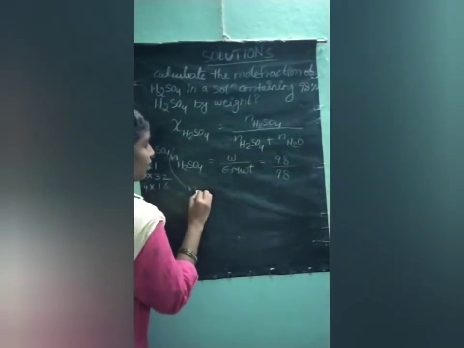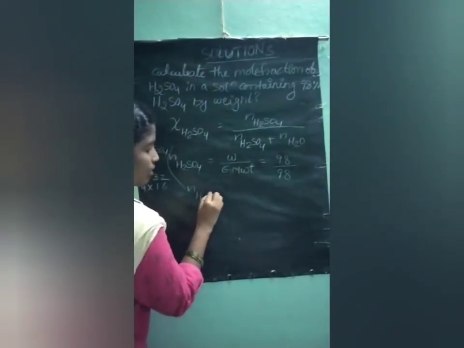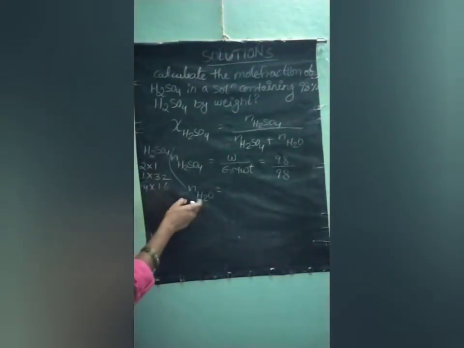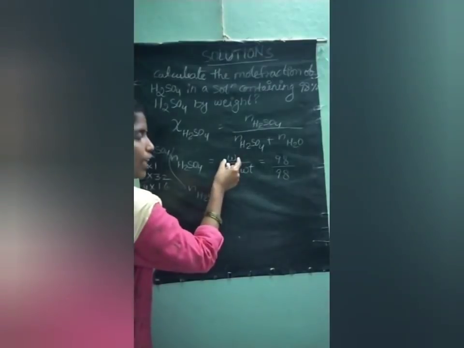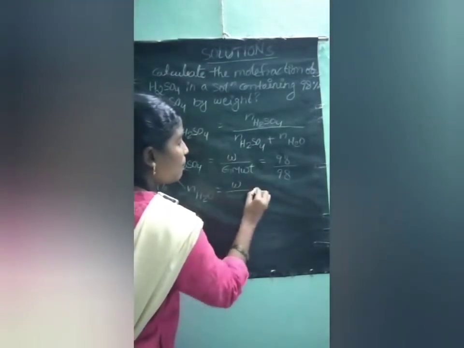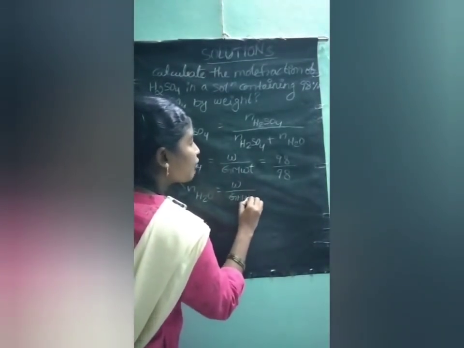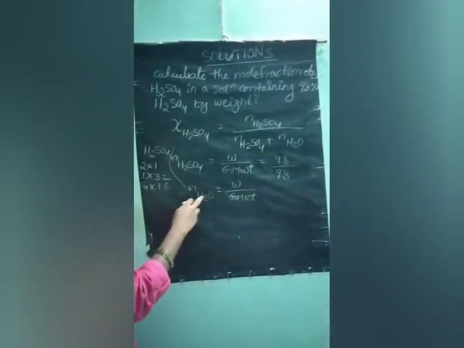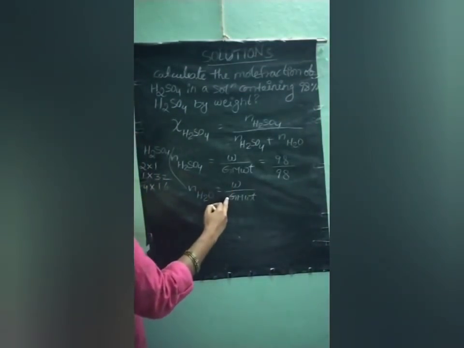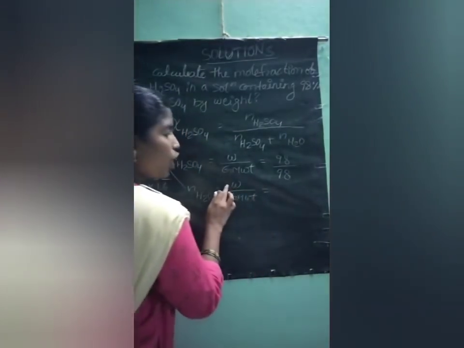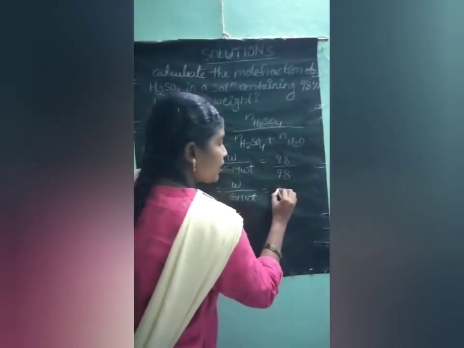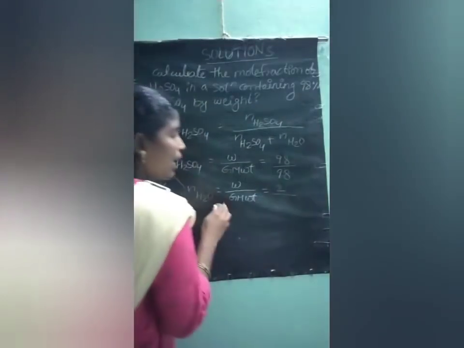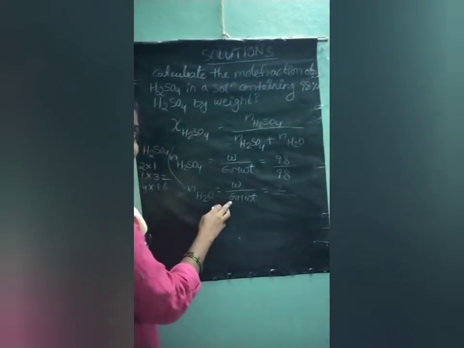Next, the number of moles of water. First, what is the weight of the water and the gram molecular weight of the water? Number of moles of the water is equal to weight of the water by gram molecular weight of the water. The weight of the water we already know, that is 2 grams, and the gram molecular weight of water is 18.